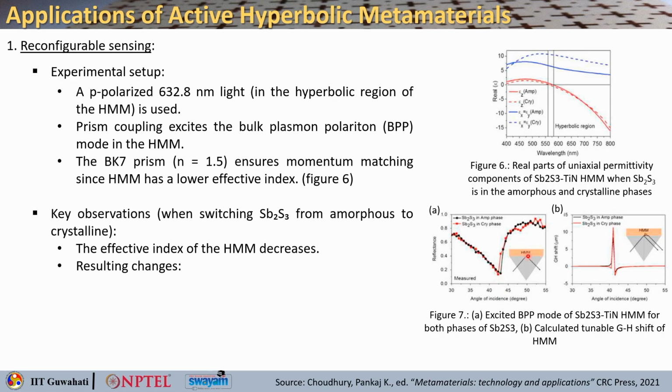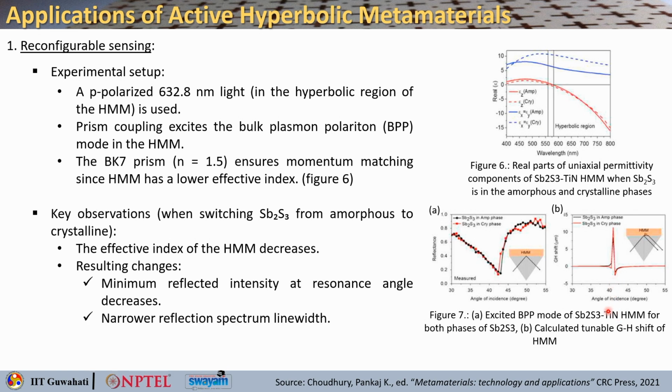So, that energy is basically coupled to the +1 polaritons. So, this minimum reflected intensity decreases at the resonance angle, which you can also see from here. Here you can see that the GH shift also happens maximum at this particular angle, around 41 or 42 degrees.